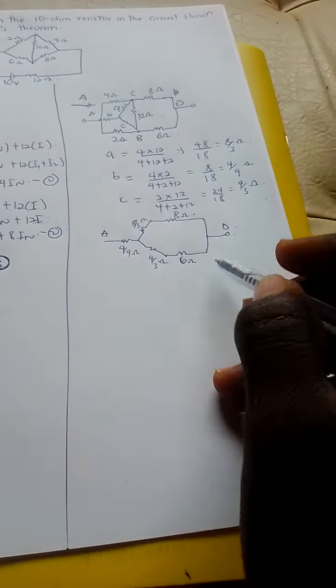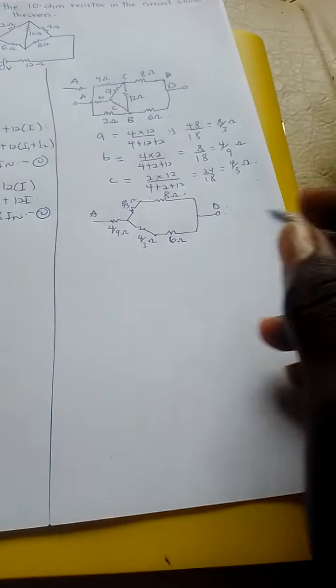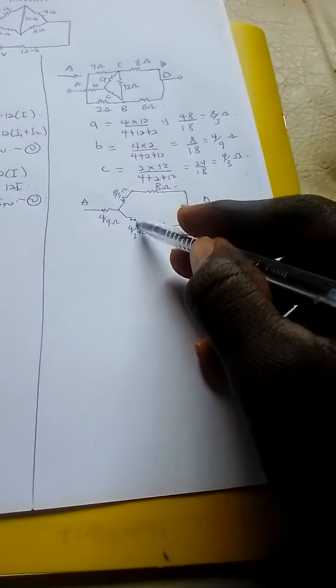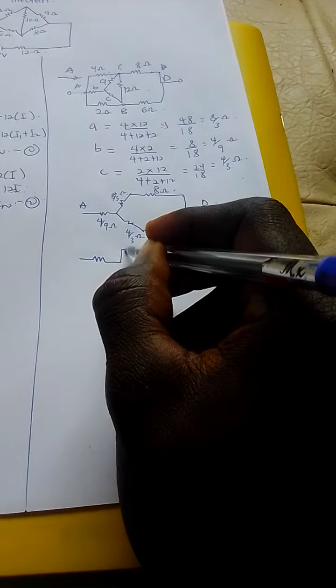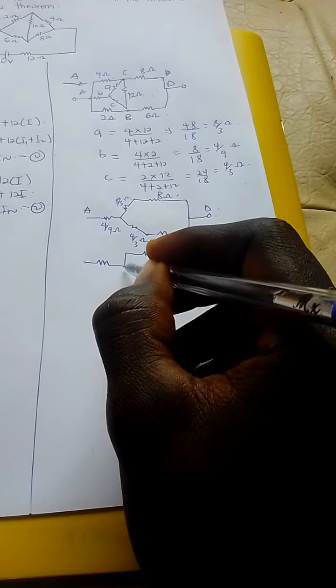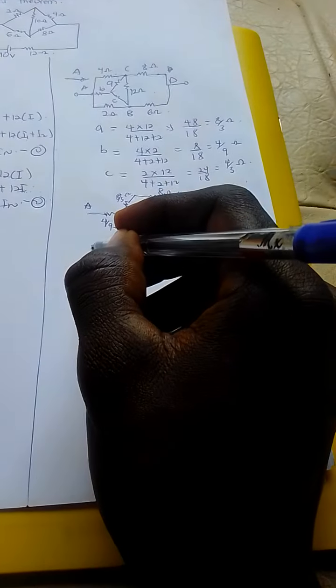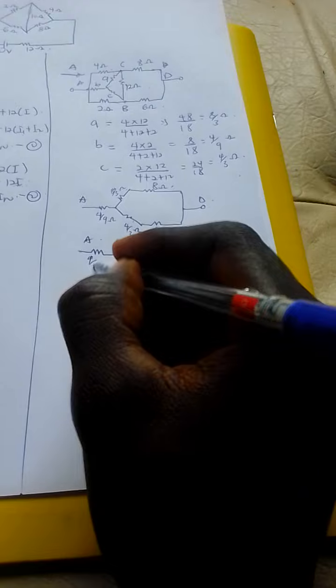So here and here are now in series, this place and this place are also in series. So we just combine them. So we are going to have this place combined with this place combined with this place. Our next drawing will be somehow like this, moving up, then something like this. So here will be our D, here will be our A. Here is 4 over 9 ohms.